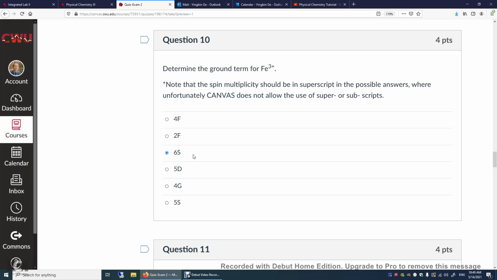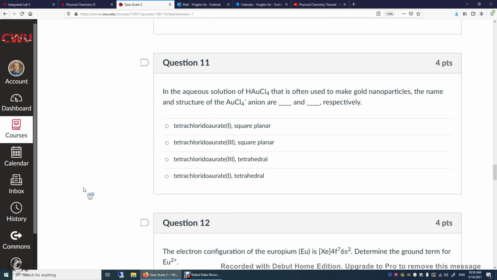If the sum of M sub L is 0, L is 0, then the symbol is S. Again, we're talking about S, P, D, F, G. Unfortunately, the letter S is used for the symbol here, and S is also used for spin quantum number. They are two different things. And this 6 is supposed to be in superscript.